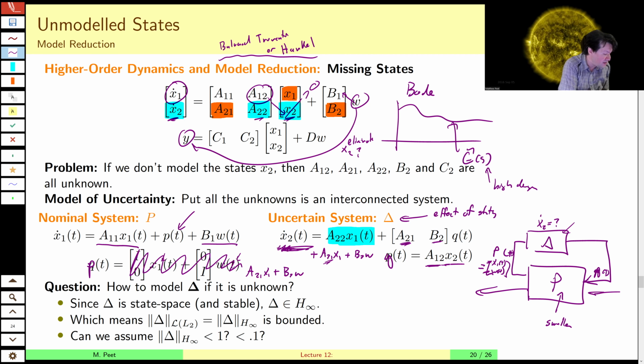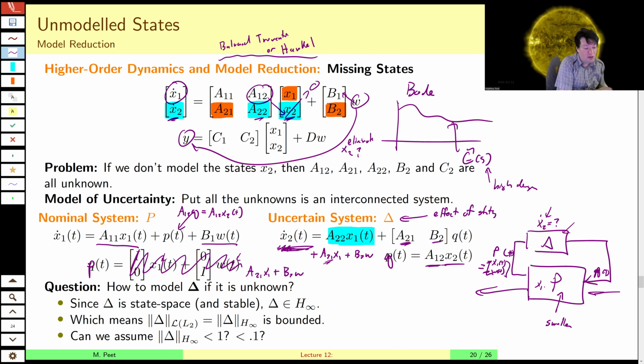So now we recover the original dynamics: P becomes A12 Q, which is equal to A12 x2 of t. So again, this is an equivalent LFT representation of the full system, where those state dynamics for x2, which presumably are actually more states than in x1, we think don't matter very much, so we put them in the delta.